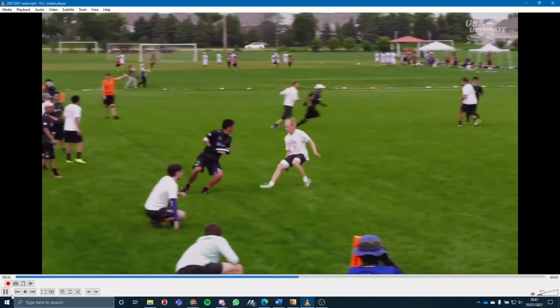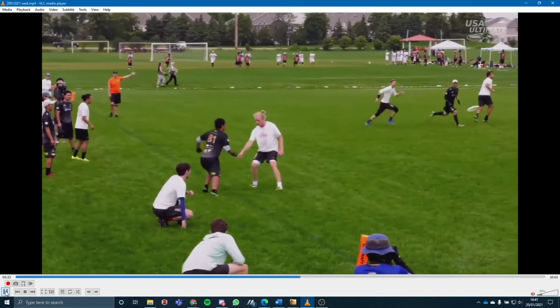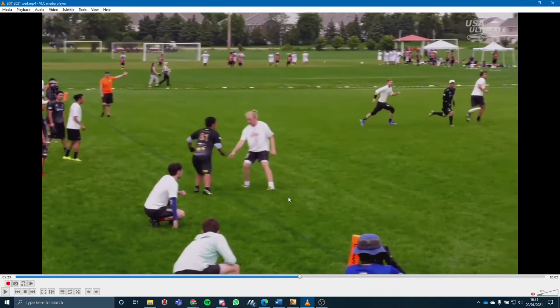One thing to note in the rules that we play, they say in this clip that he needs to tap it in, but we don't play with that rule. You don't need to tap it in. You just need to make sure that you're in bounds. So he should have made sure that his feet were inside the pitch.